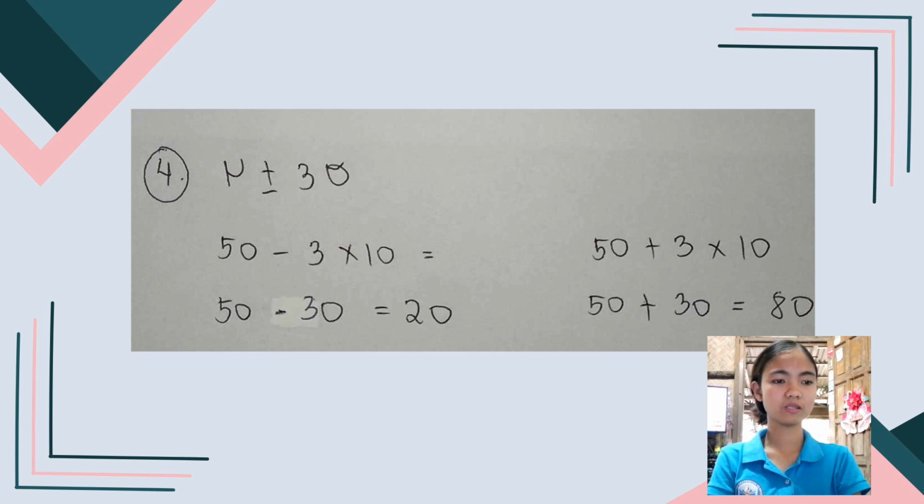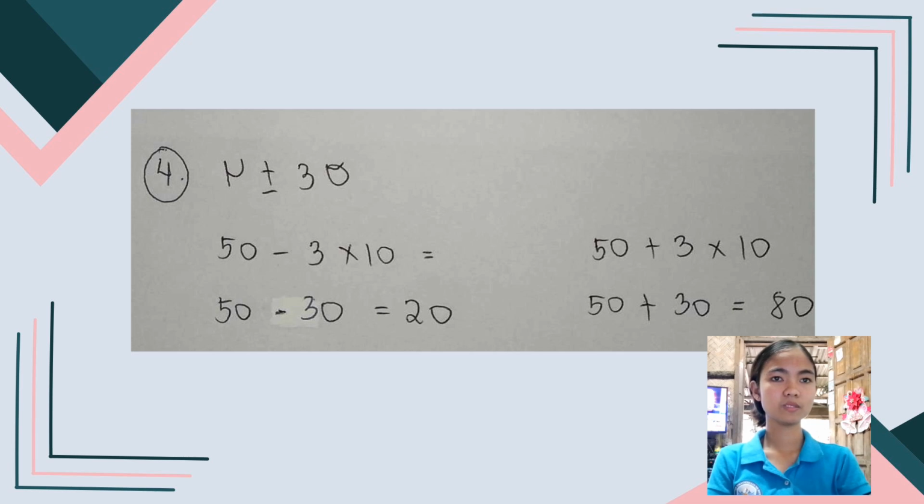And 99.7% falls within 3 standard deviations, which is mean minus 3 standard deviations and mean plus 3 standard deviations. So 50 minus 3 times 10: 3 times 10 is 30, so 50 minus 30 equals 20.